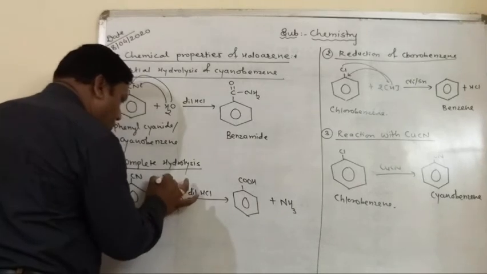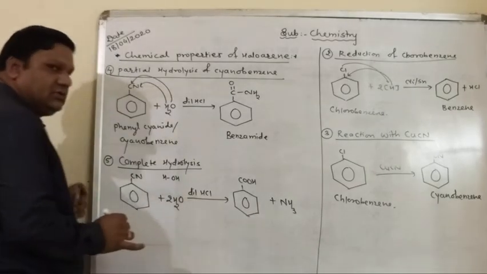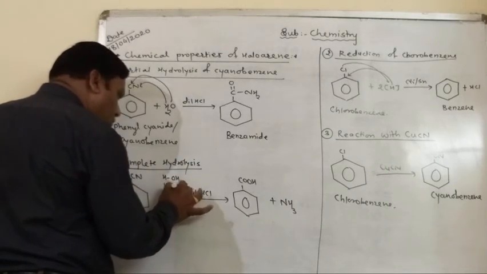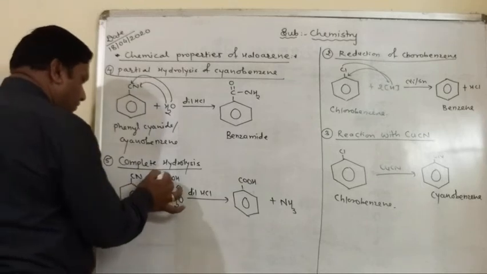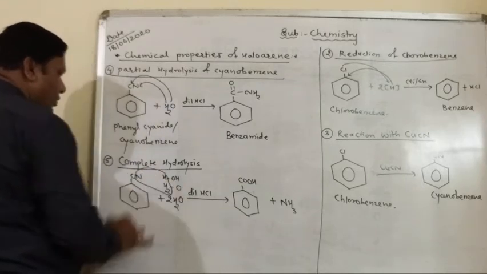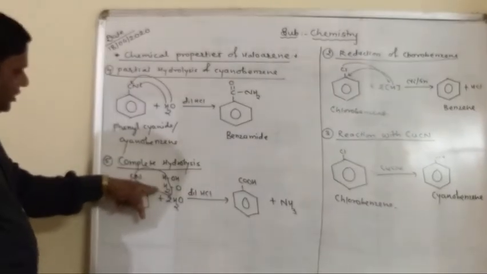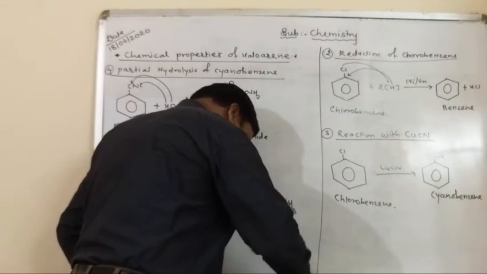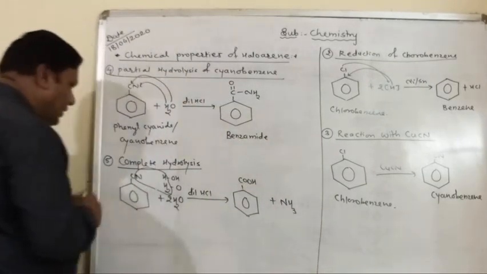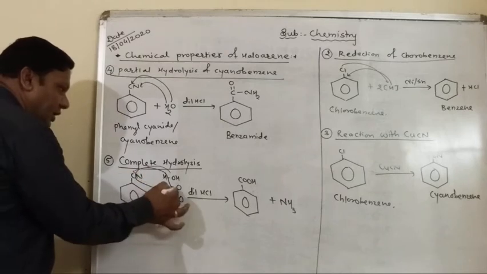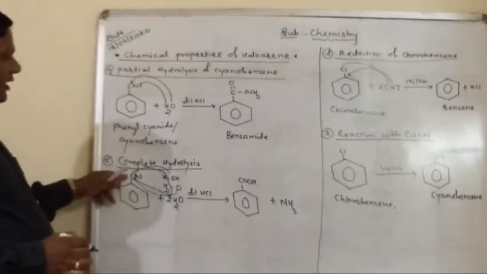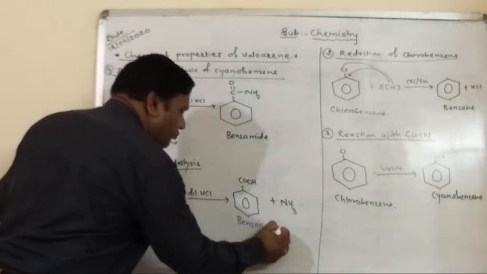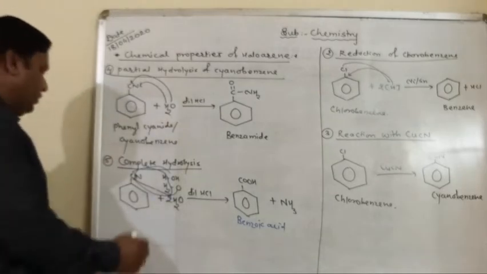Here the 2H2O we write as HOH and H2O. This NH3 leaves, and this OH as well as this oxygen attack the carbon. So you will get benzoic acid and removal of ammonia.